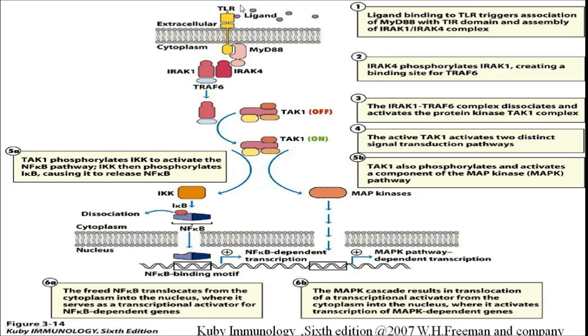So when the ligand binds to this toll-like receptor, it results in the association of MYD88. Now here you can see this MYD88 is now associated with the TIR domain, and once it is associated, it will result in the formation of a dimer of IRAK1 and IRAK4.